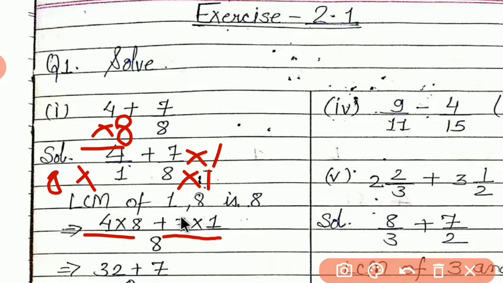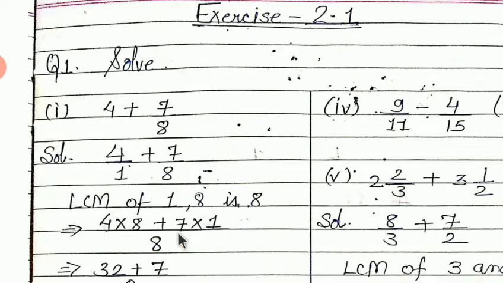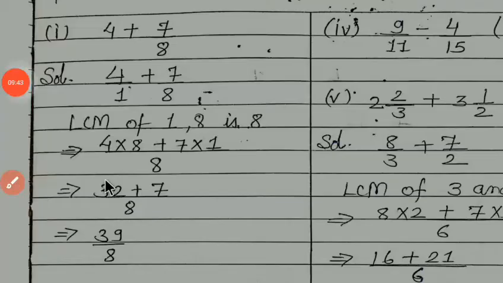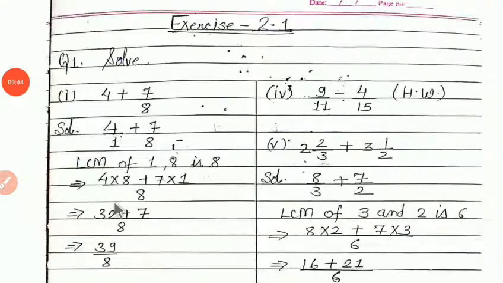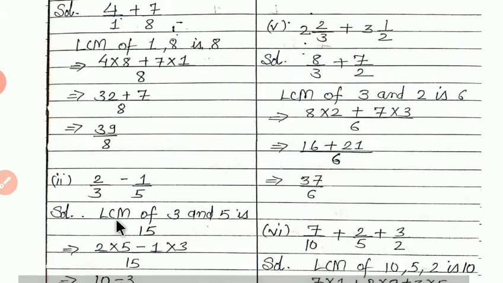So 4 into 8 plus 7 into 1 upon 8. So 4 8s are 32 plus 7 ones are 7, so 32 plus 7 is 39 upon 8. If we add 4 plus 7 by 8, we will get the answer 39 by 8.